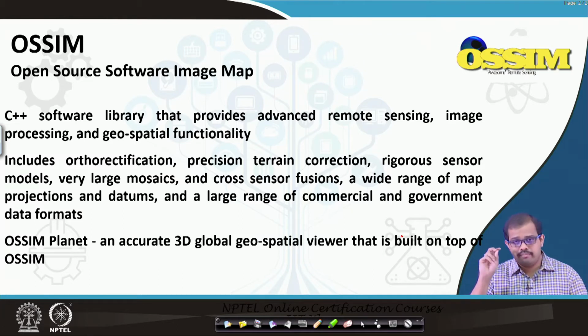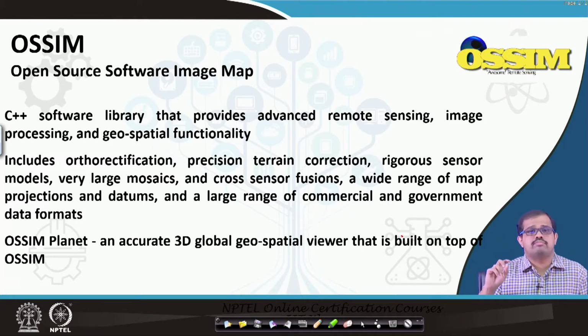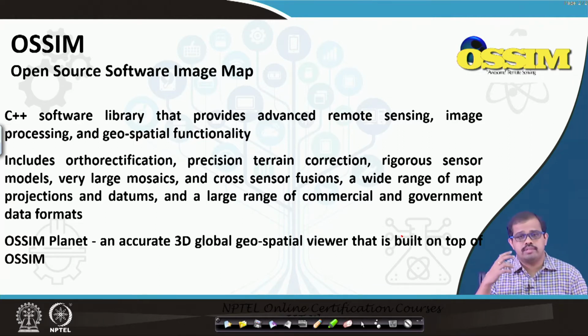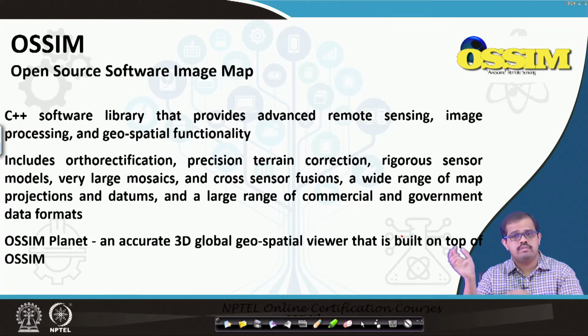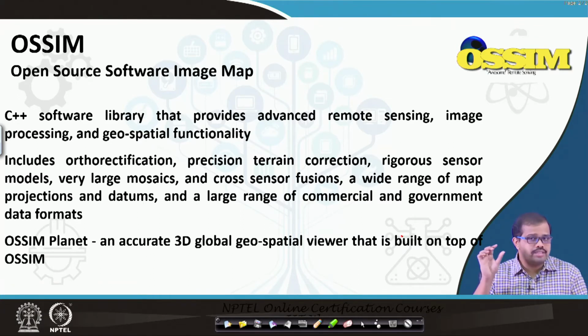Why I am trying to tell about OSSIM is that, for example, we spoke about what we mean by remote sensing very briefly. If someone wants to combine GIS, remote sensing and image processing together to produce some good results, OSSIM can be one of those software libraries which can be extremely helpful for many of you.